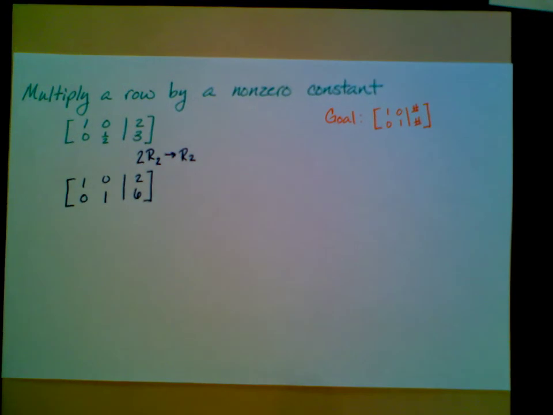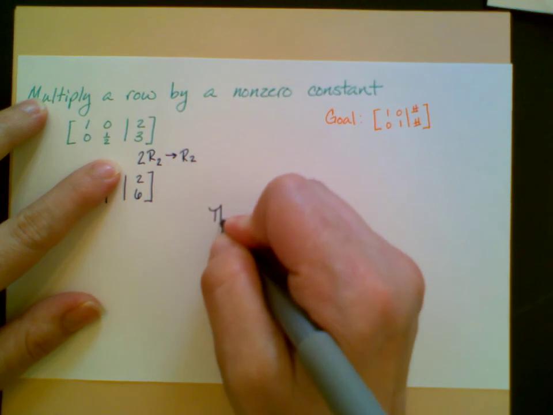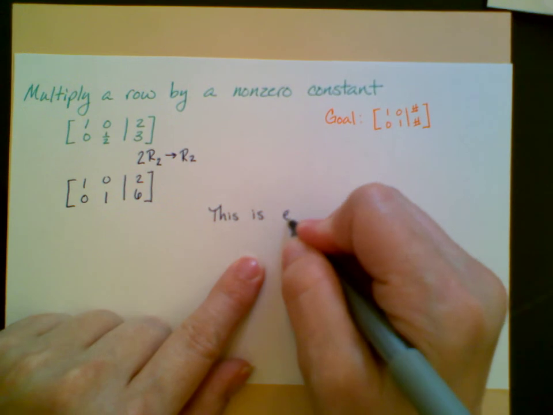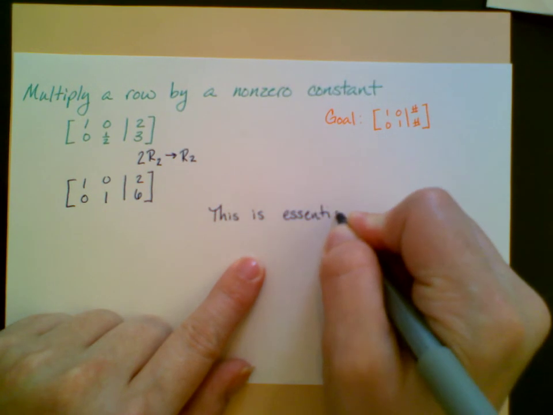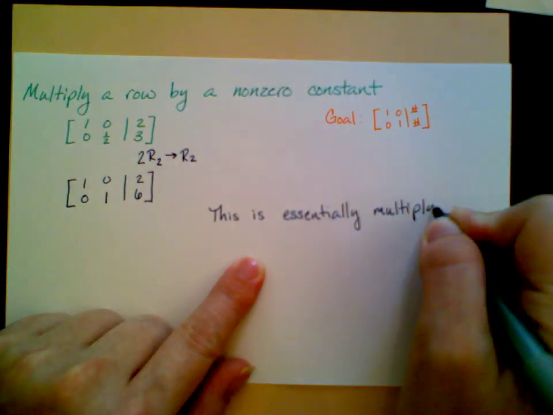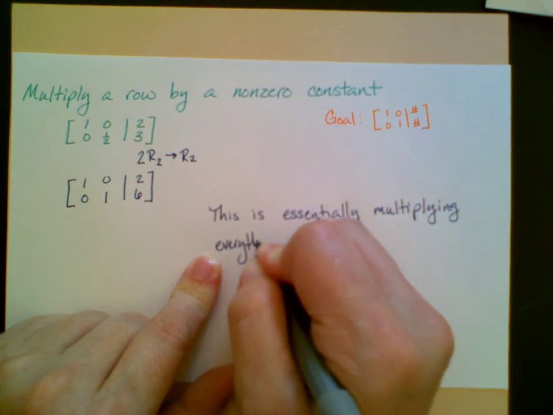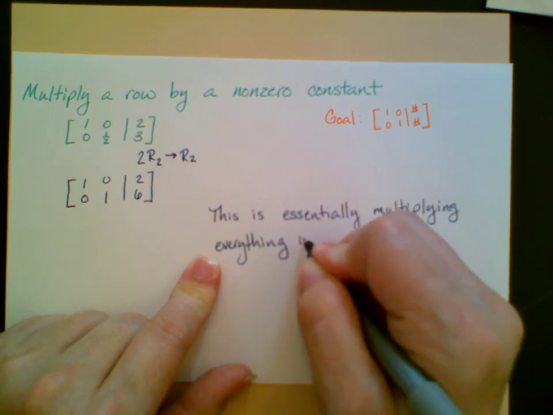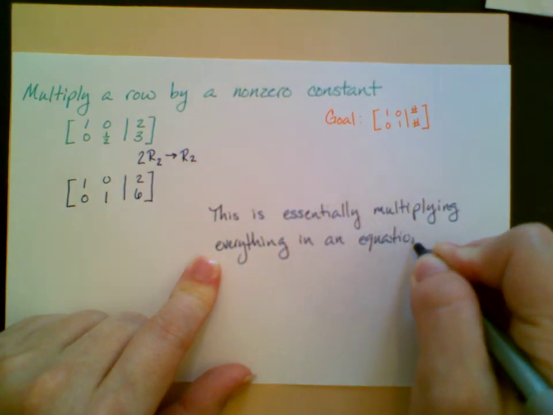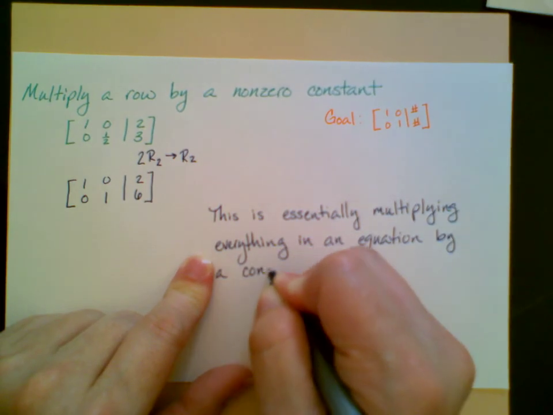I do want to point out that this is essentially multiplying everything in the equation by a constant. And that's why I'm allowed to do it.